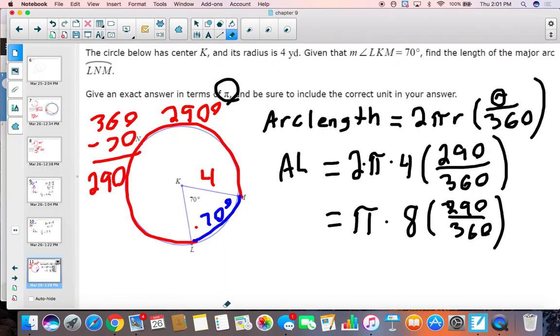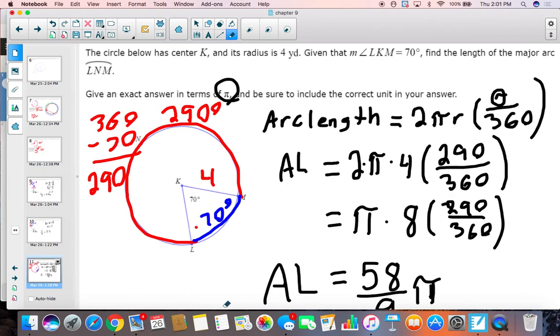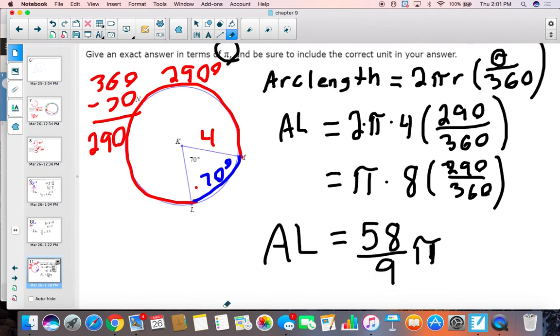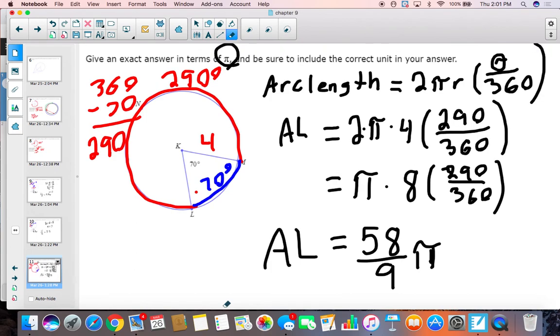So that's a simplified fraction. So our final answer is 58 over 9 pi. And that is going to be the arc length, oops, sorry, that is going to be the arc length of the major arc LNM.